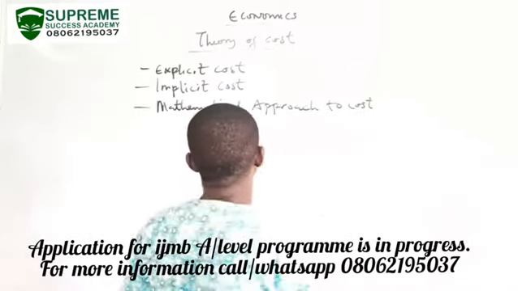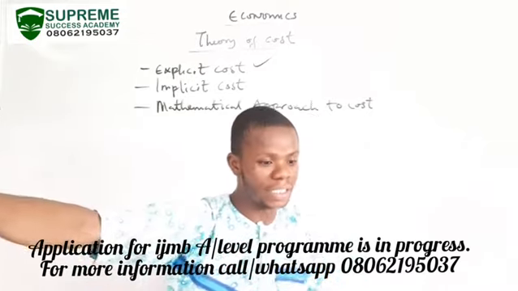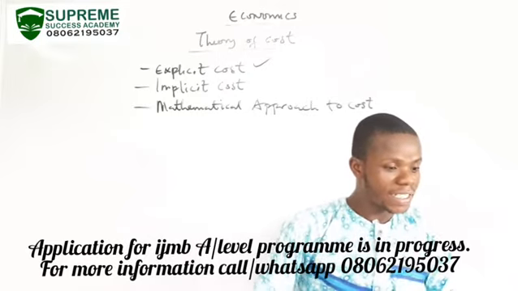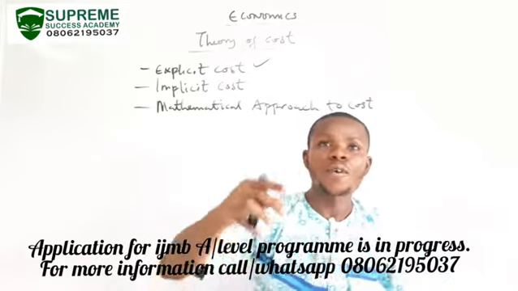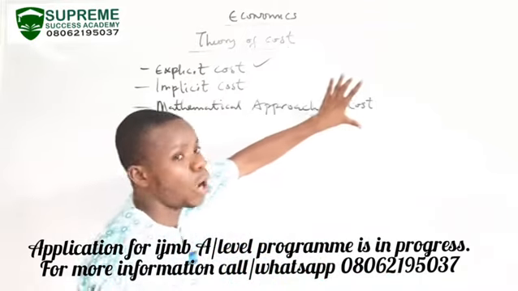So the first one, which is explicit cost. When we say explicit, we are talking about outside. So what explicit cost is all about is the cost of payment of resources to the outside world.